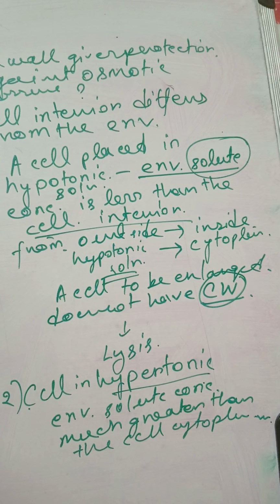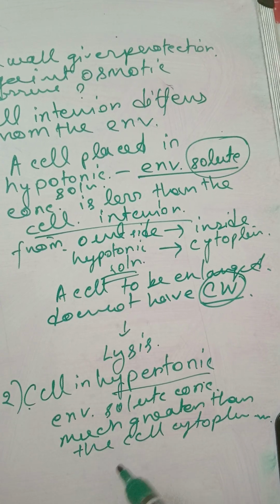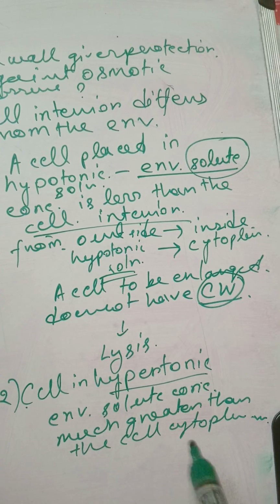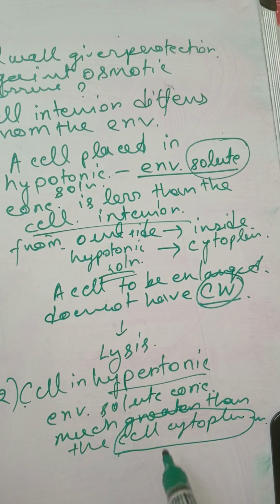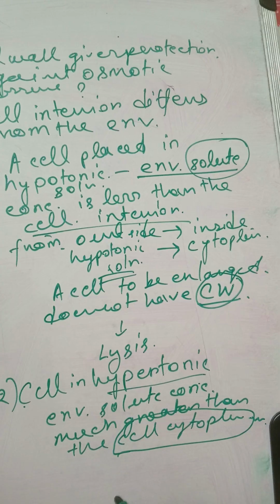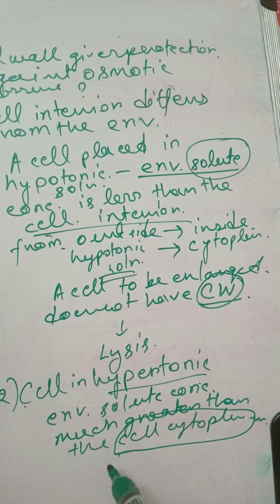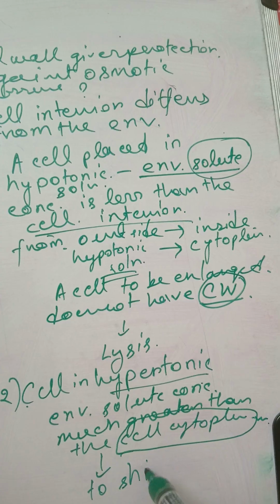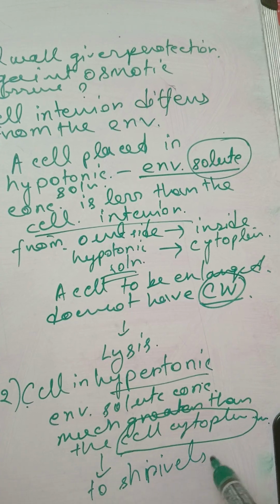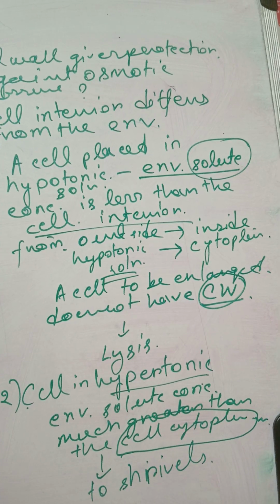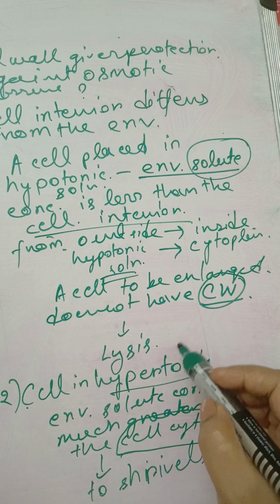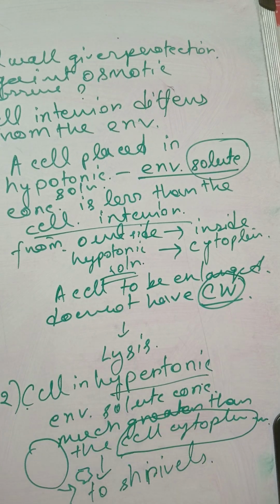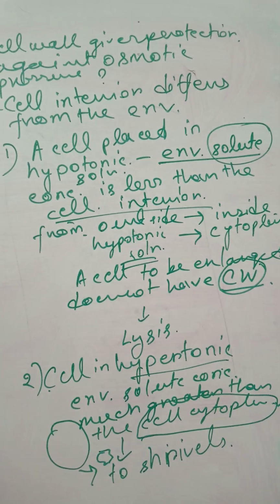So here also the same principle applies, that the solute will be excreted or moved from the cell interior to the environment, the hypertonic solution, and that causes the cytoplasm to shrivel or shrink in such a way that the whole cell from this size will become this size, it will be shrunk up, okay.